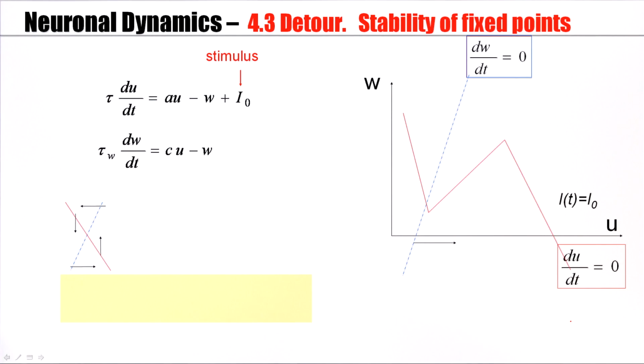Okay, now we zoom in. I've started with some arbitrary 2-dimensional system. I zoom in on one fixed point, say this fixed point here. And what I find is that this fixed point here, where u is now the distance from the fixed point, is stable.